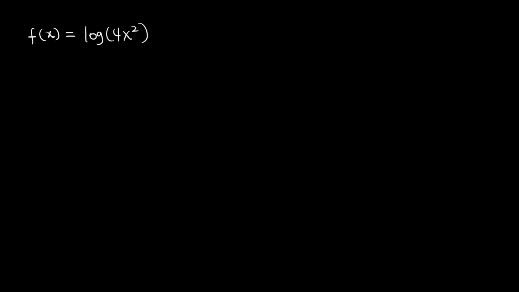One thing you will notice is that over here we don't have the base given. So you ask what will be the base then. If you don't have the base given, they are going to consider the base to be 10. So in this case, you have log base 10 of 4x squared. So now you have the base.